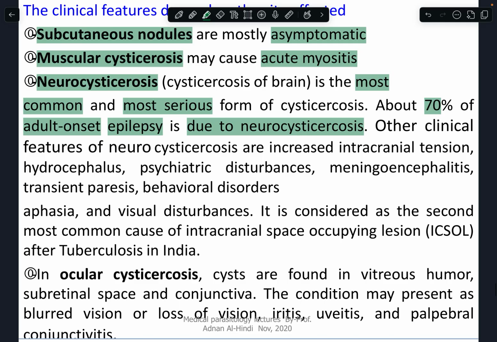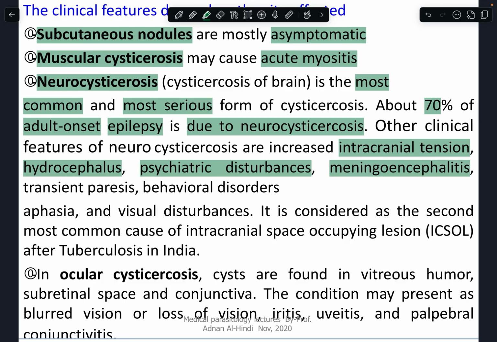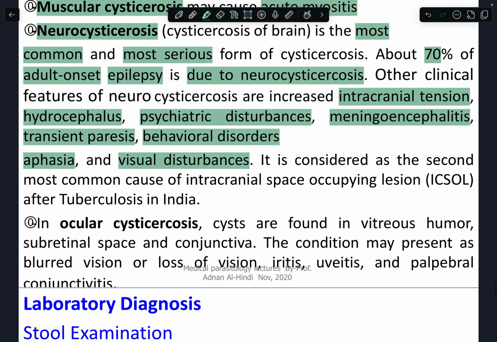Other clinical features of neurocysticercosis are increased intracranial tension, hydrocephalus, psychiatric disturbances, meningoencephalitis, transient paralysis, behavioral disorders, aphasia, and visual disturbances. It is considered the second most common cause of intracranial space-occupying lesion (ICSOL) after tuberculosis in India.